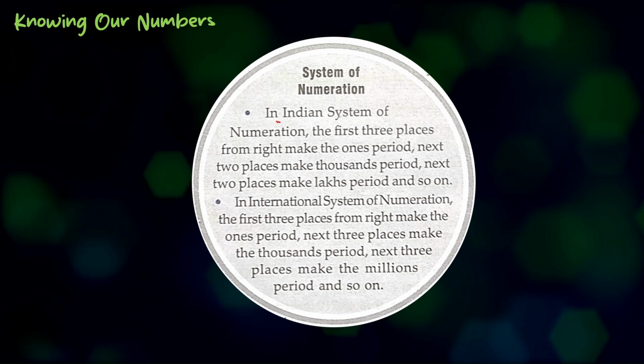The Indian system is different from the international system of numeration. In the international system, the first 3 places from the right make the ones period, same. And the next 3 places make the thousands period, and the next 3 places make the millions period, and so on.